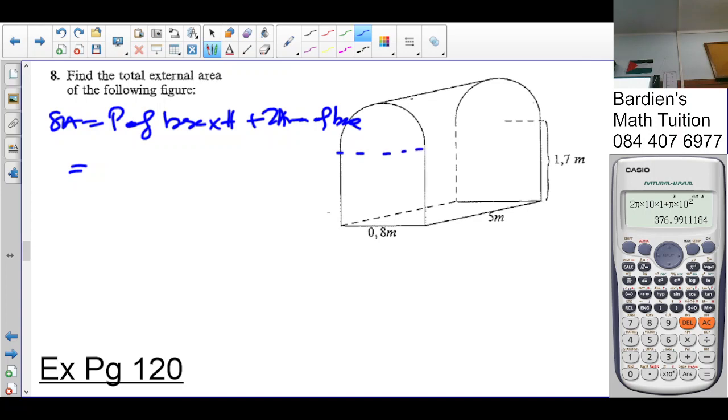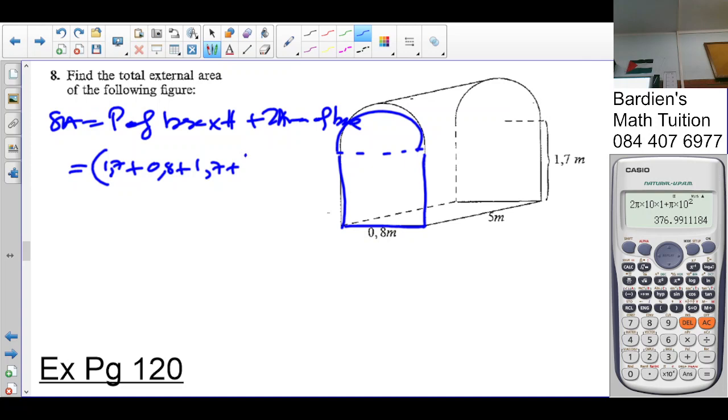It is made up of a semicircle. Let's start here. What is this length? So the perimeter is going to be 1.7 there, plus 0.8 plus 1.7 plus, that's a semicircle. Not so? How do you calculate the perimeter of a semicircle?